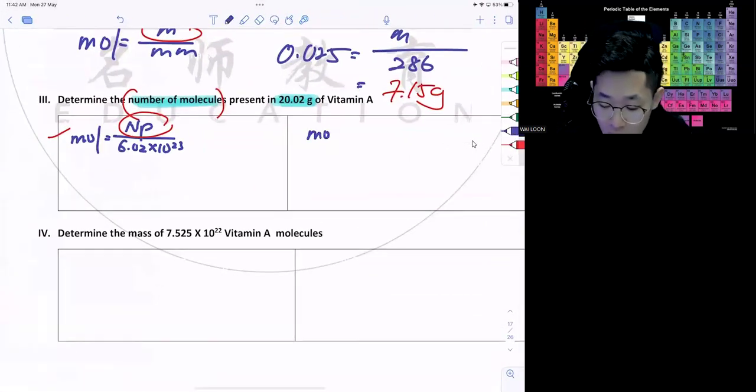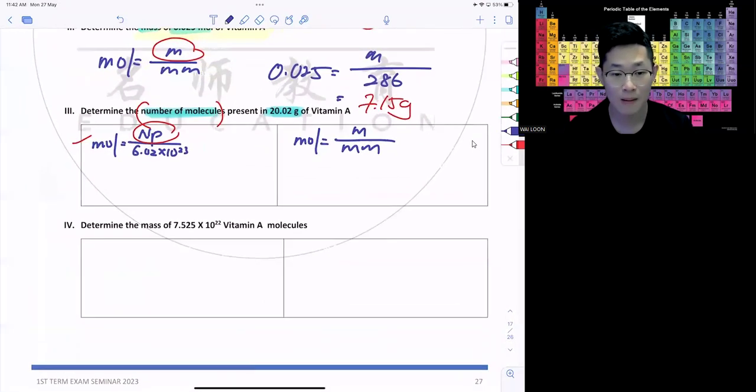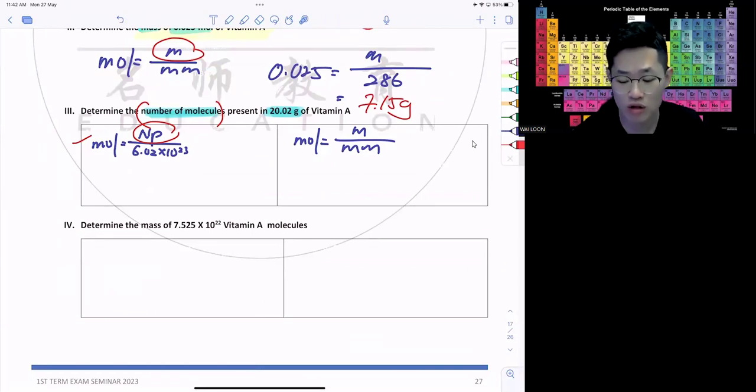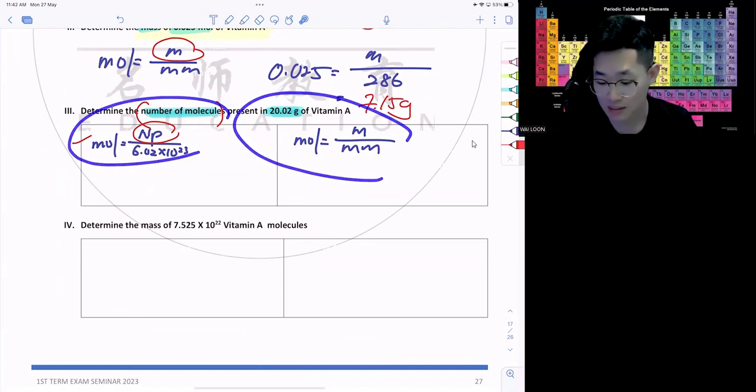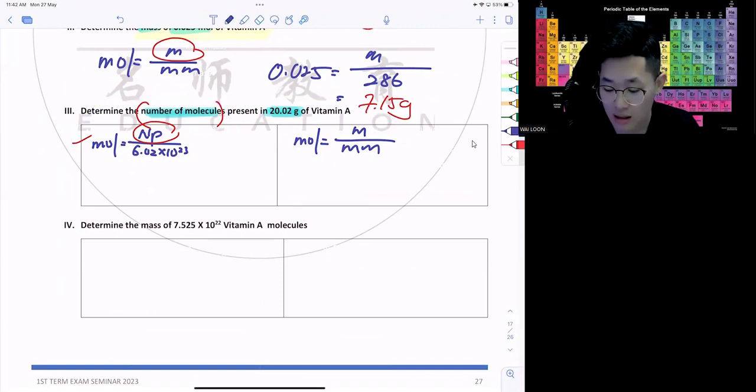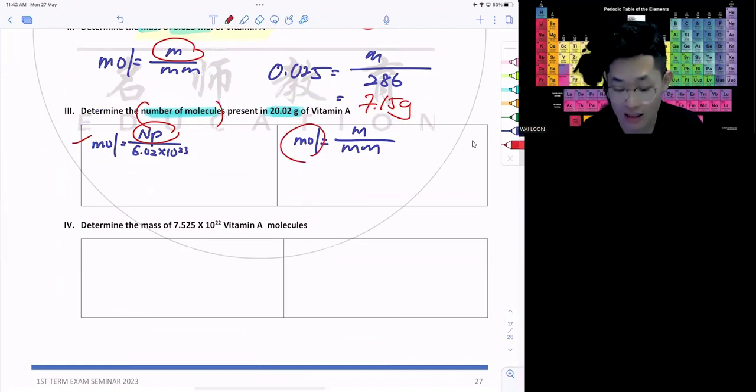So I write mole equals to mass over molar mass. You cannot get the answer for calculation questions if you always try to sub everything into one formula. Please don't do that. Molecule for molecule, mass for mass. I need the mole, right?